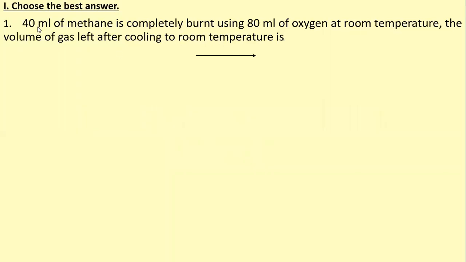Here, 40 ml of methane. Methane is represented by CH4. That is burned completely. What the question asks is that we have to find the remaining volume of gas left after cooling to room temperature.